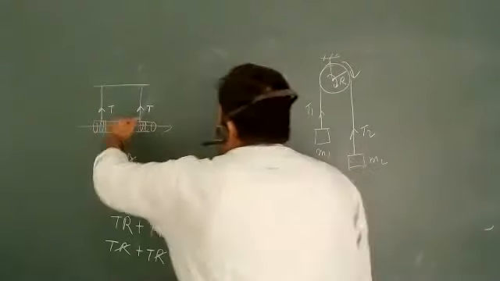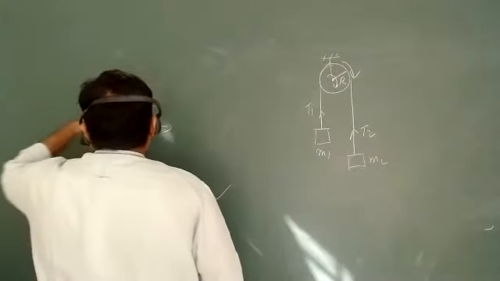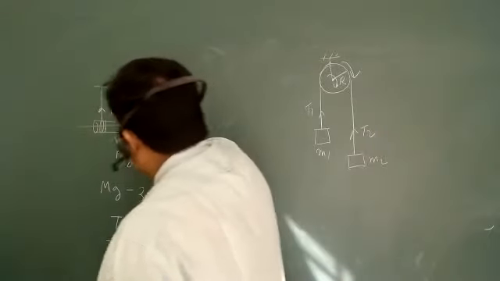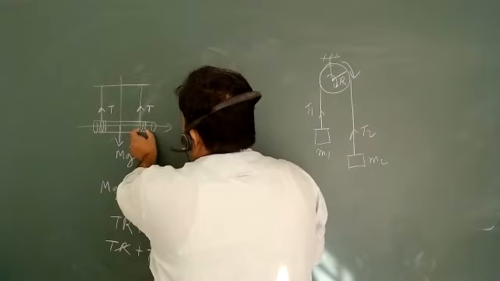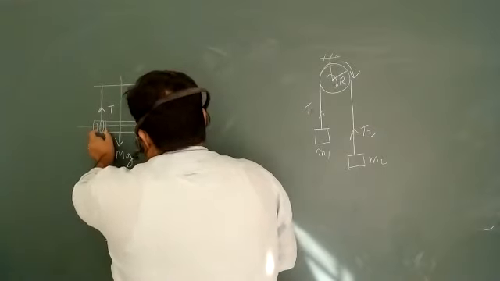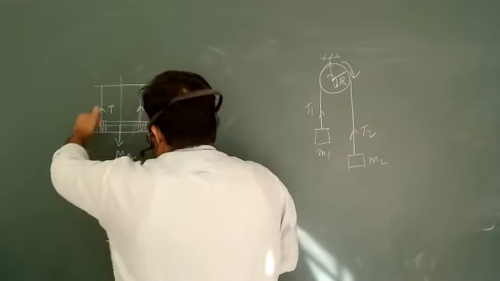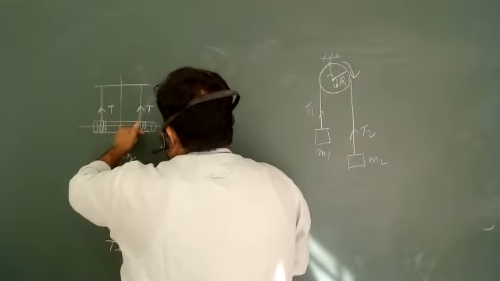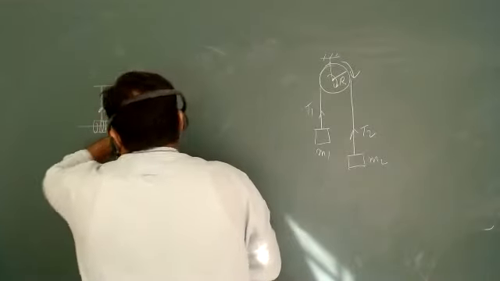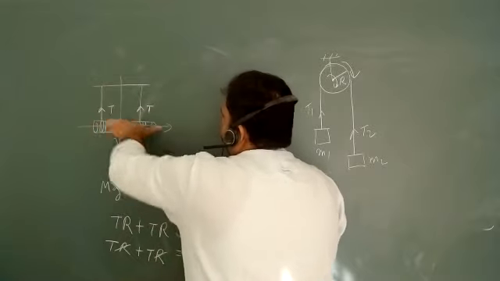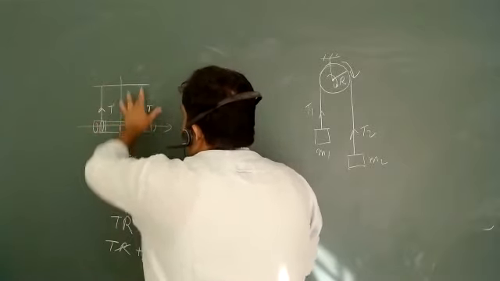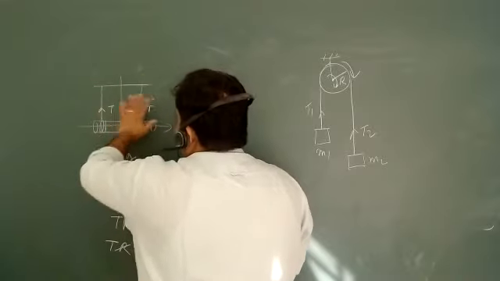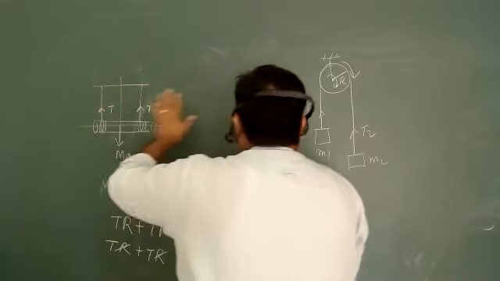Here the tension is the same because I have to always maintain the horizontal position. The width of string here is exactly the same, meaning the number of turns of string is the same, everything is the same. Then only it will remain in a horizontal position if this tension is the same, because both have the same mass density and everything is symmetrical.